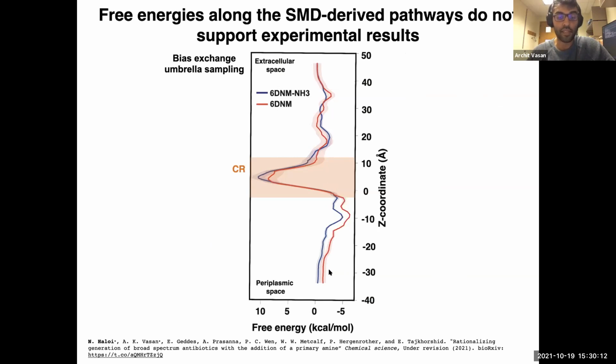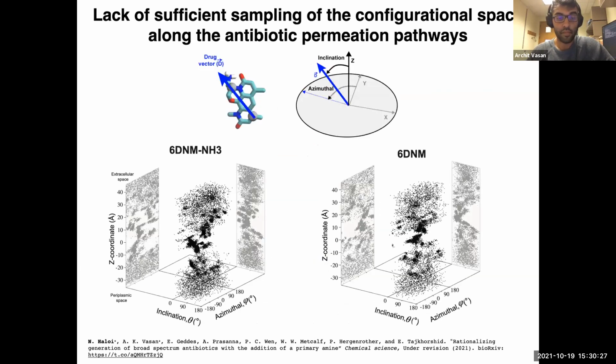And so this indicates that there's something wrong with how we're initially seeding the umbrella sampling. So what the initial pathway is. As can be seen here, if you're sampling along one initial path, then the sampling is limited, as I said earlier.